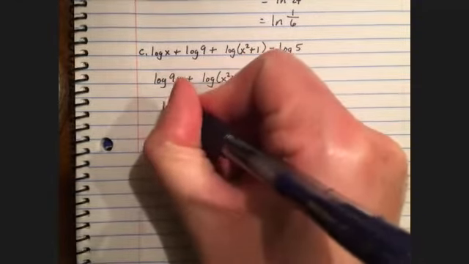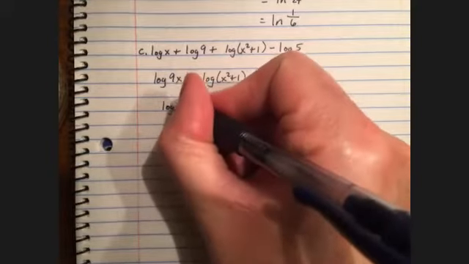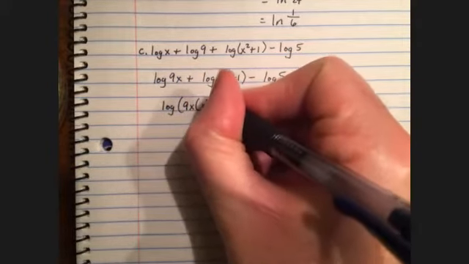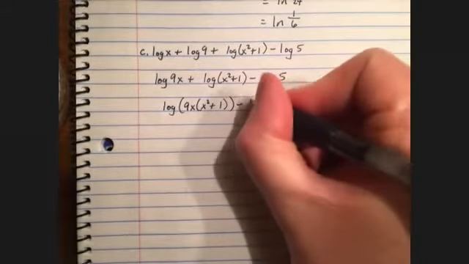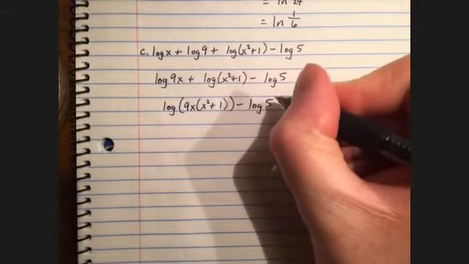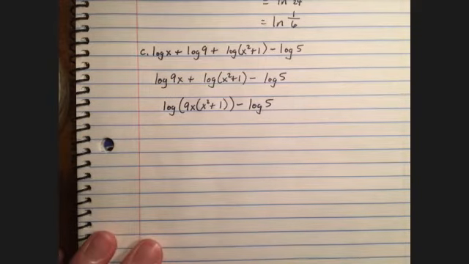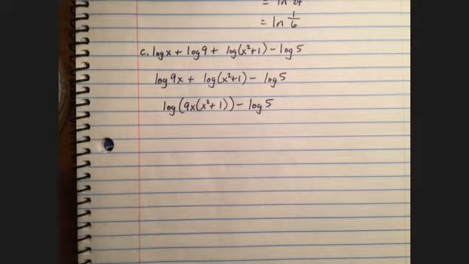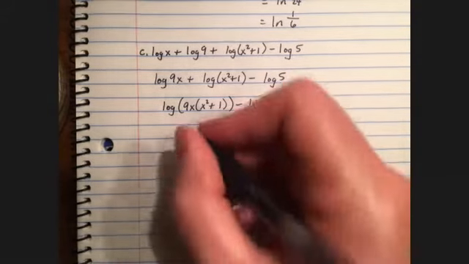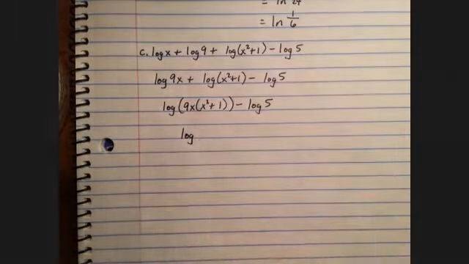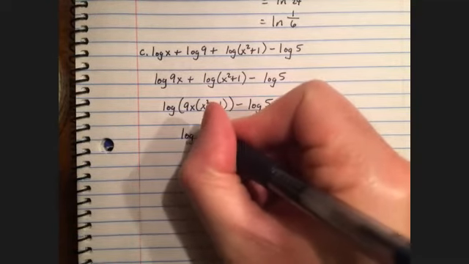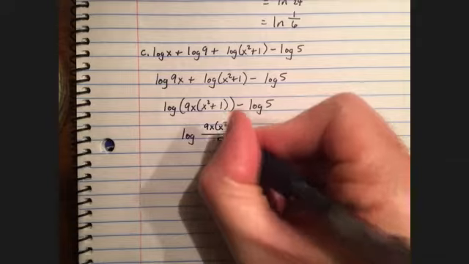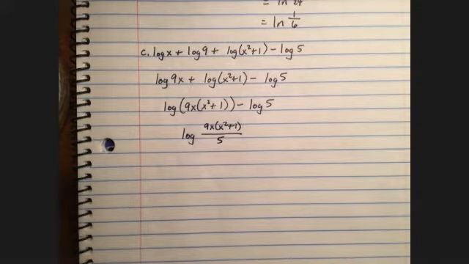So log of 9x times x squared plus 1 minus log of 5. And then our last one, we have a subtraction. So log of, we have all that stuff in the top, all over 5.